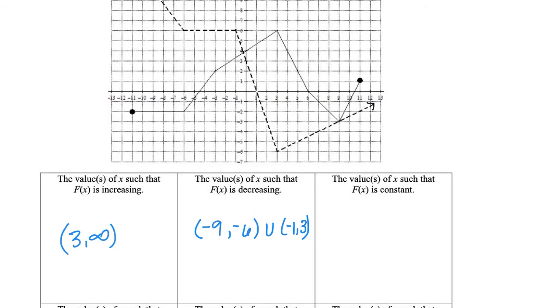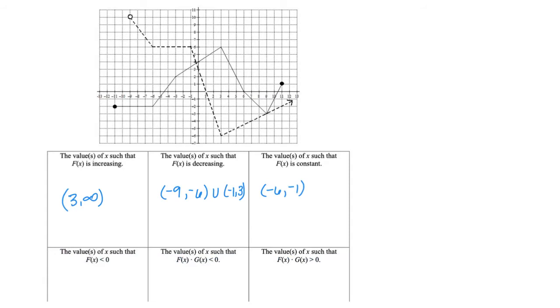Well, that's going to be from -6 to -1. Okay, now let's look at our other values here. We're looking for where f of x is negative, so that is going to be where the graph is below the x-axis and is dashed. It's the dashed line below the x-axis. So that's going to be from 1 to 15. It's going to be all of this down through here, all of that.